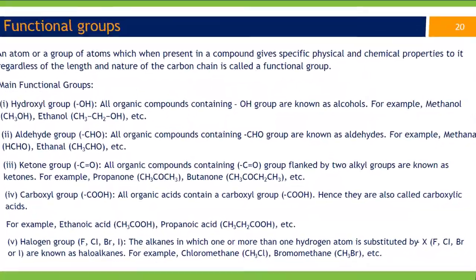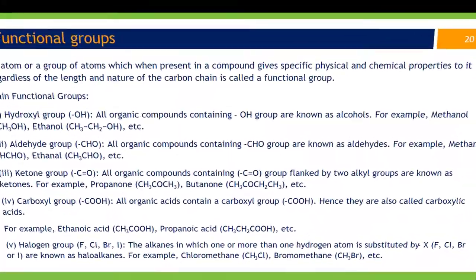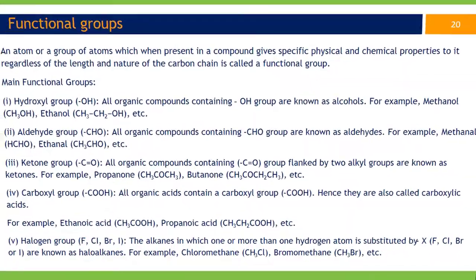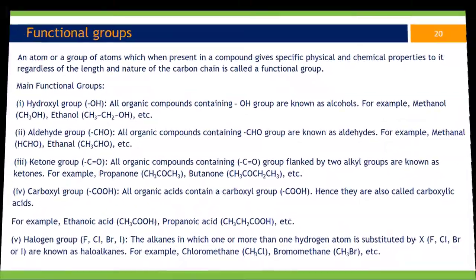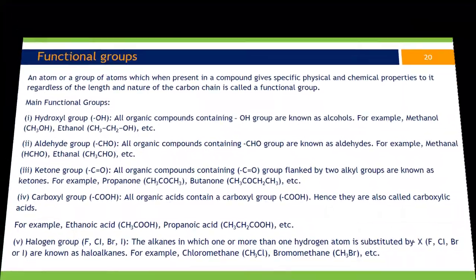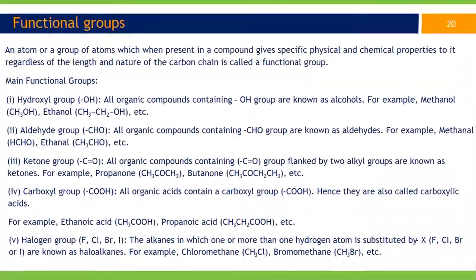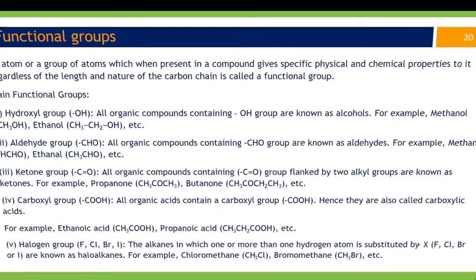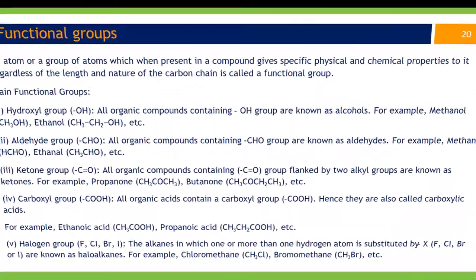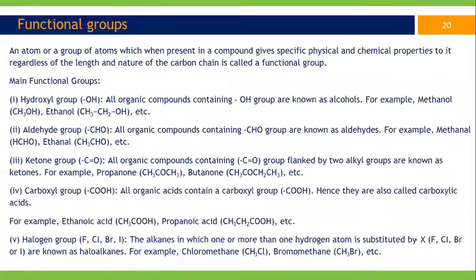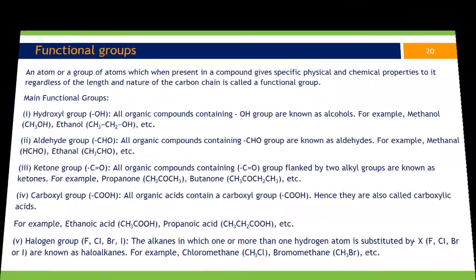Another one, the carboxyl group COOH. All organic acids contain the carboxyl group COOH. Hence, they are also called carboxylic acids. For example, ethanoic acid with its molecular formula CH3COOH, propanoic acid CH3CH2COOH.